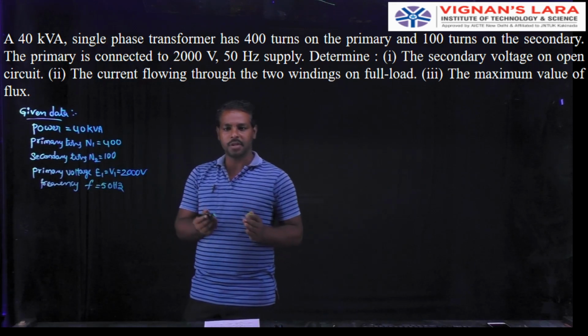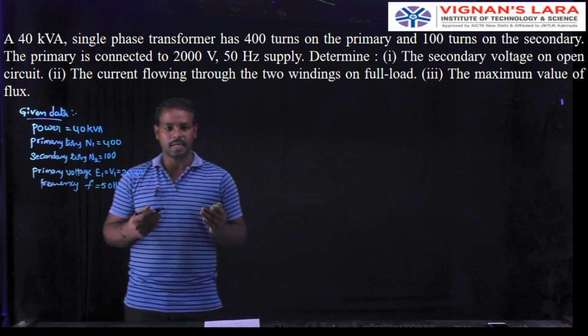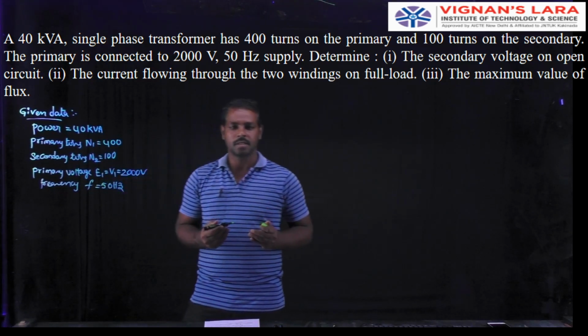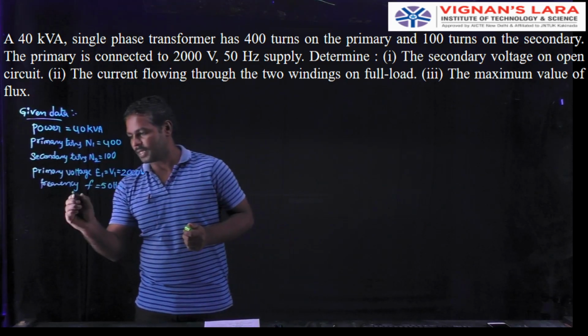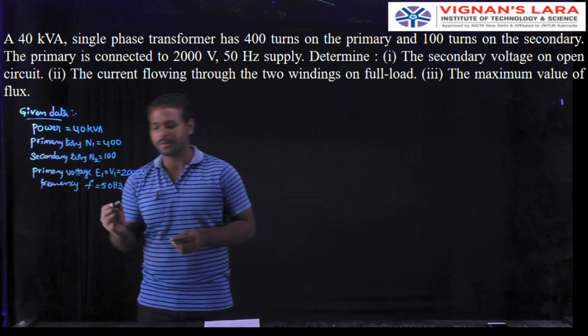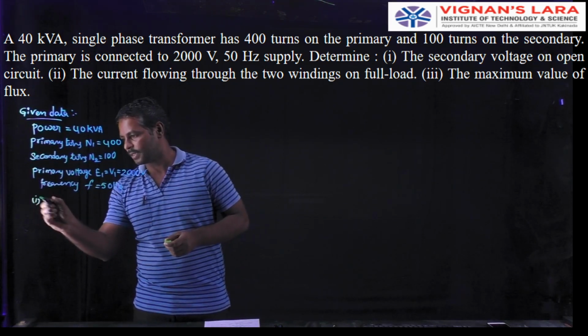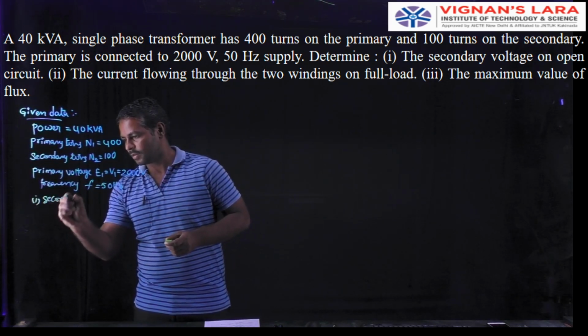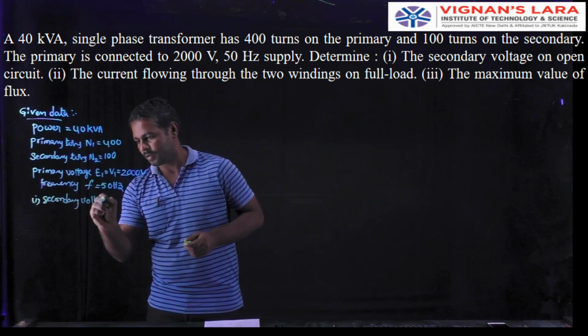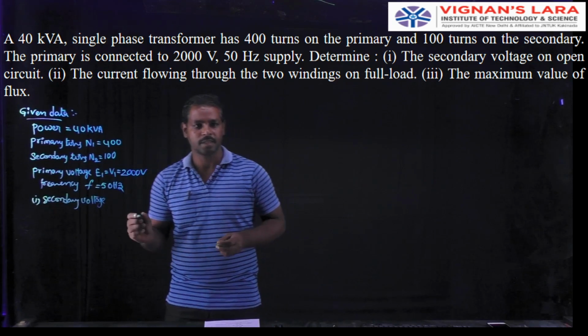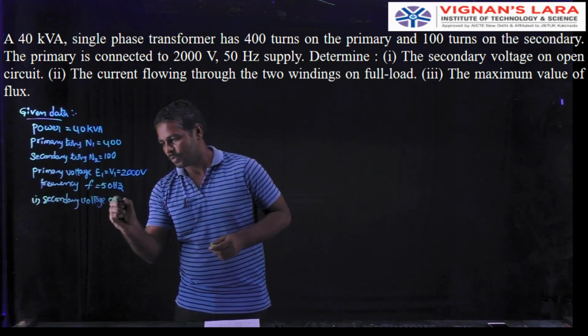The secondary voltage on open circuit, second, the current flowing through the two windings on full load condition, and the flux. So the first one is the secondary voltage on open circuit.